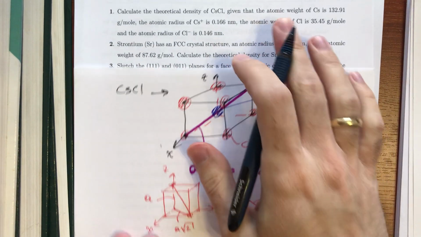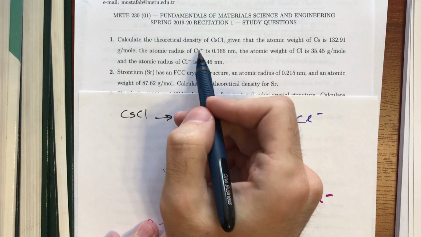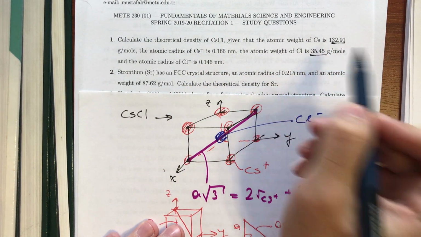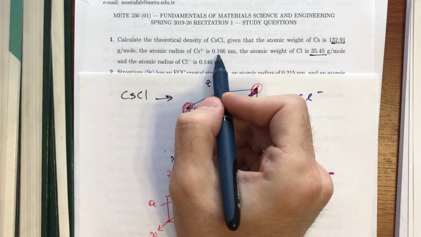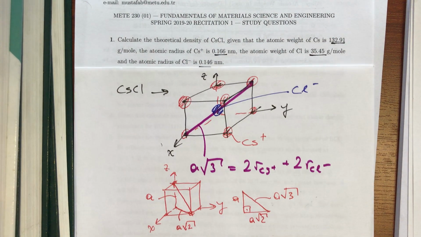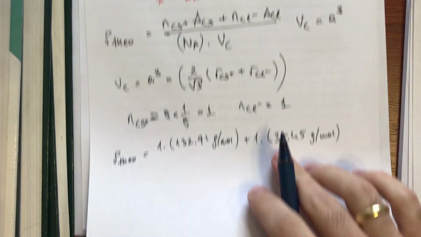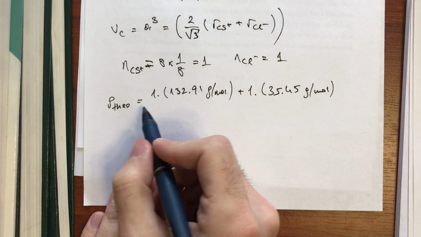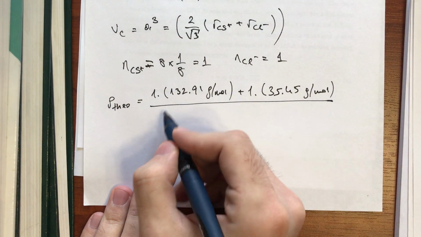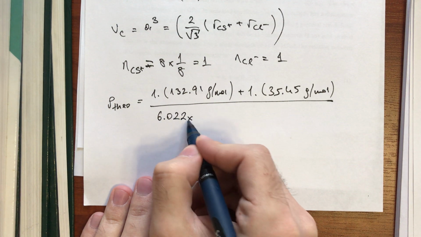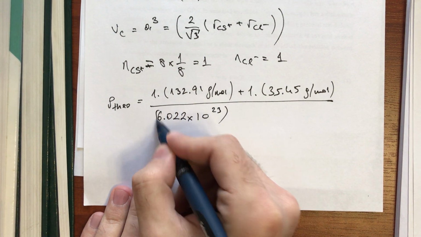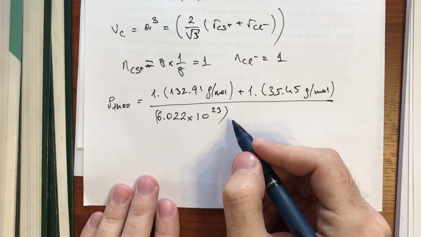So the atomic weights are given here, here and here, and the radii of the ions are given. Now we divide that. You should know these constants by heart.